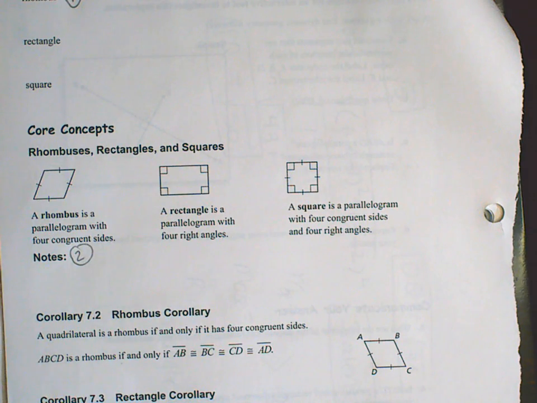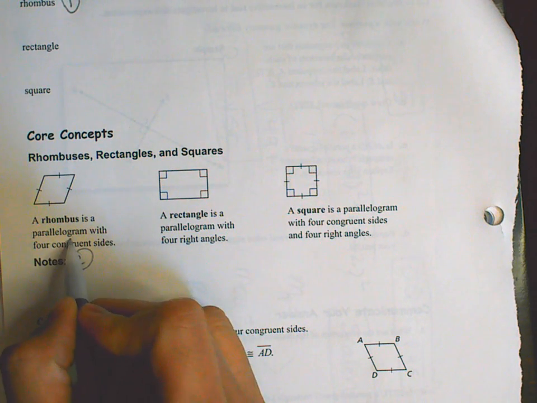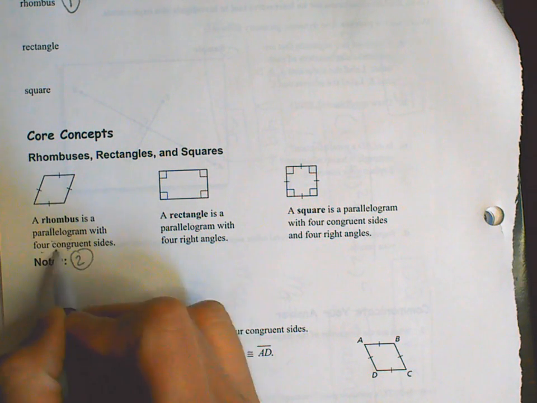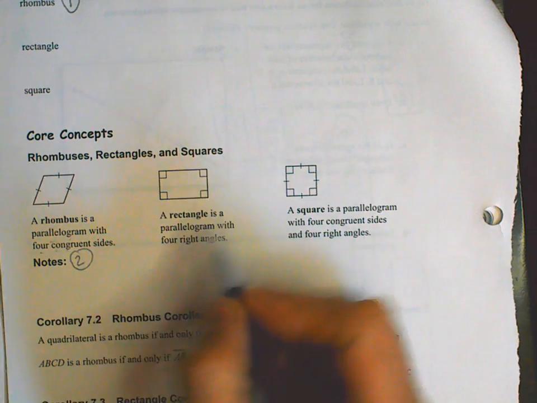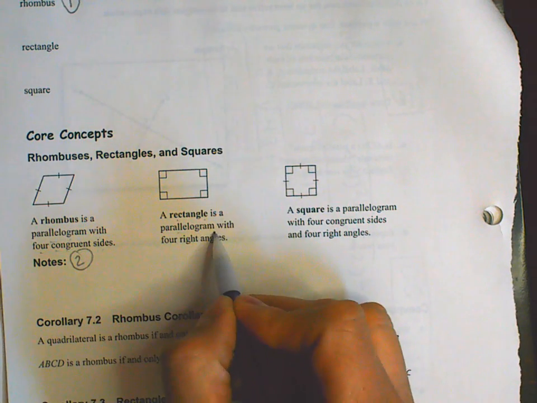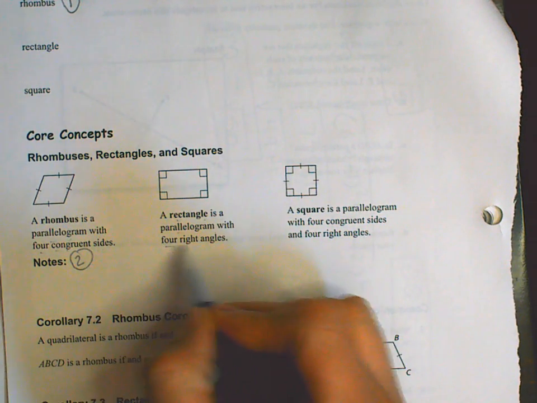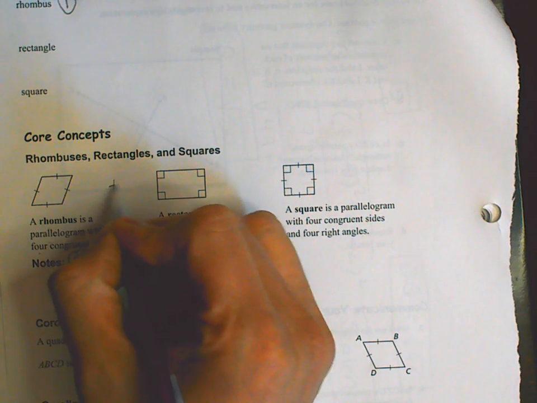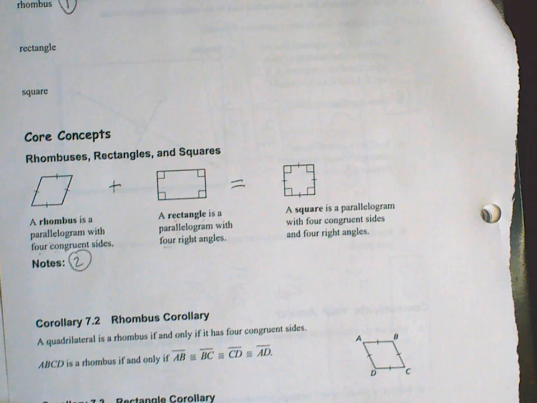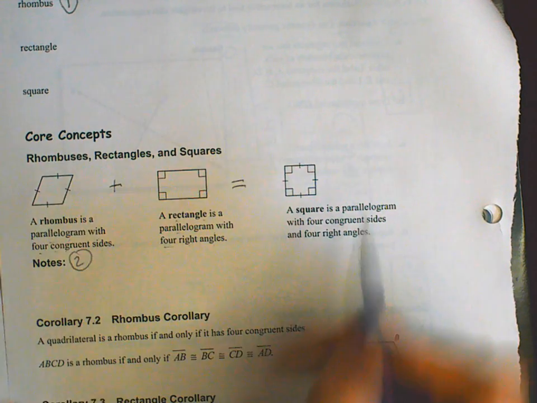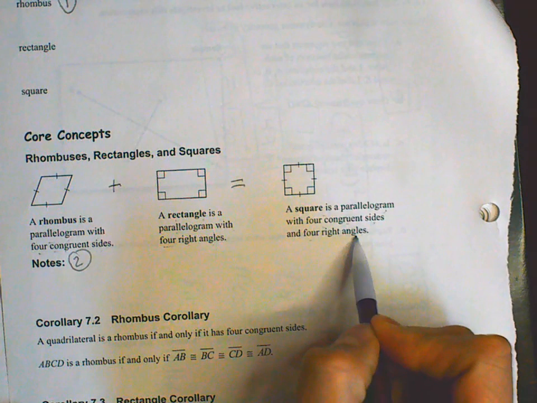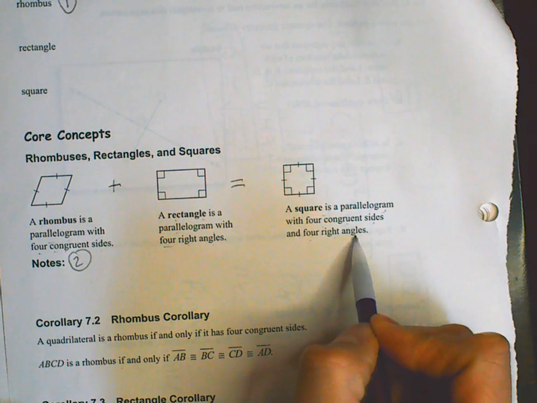A rhombus is a parallelogram with 4 congruent sides. A rectangle is a parallelogram with 4 right angles. If you combine those 2 properties, you end up with a square. A square is a parallelogram with 4 congruent sides and 4 congruent angles.